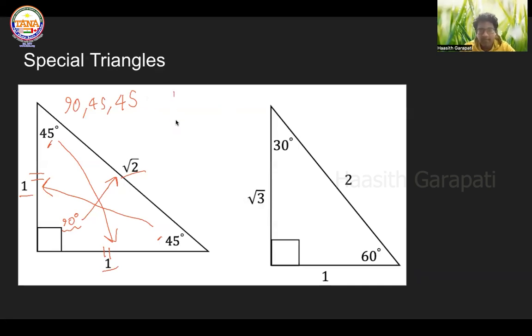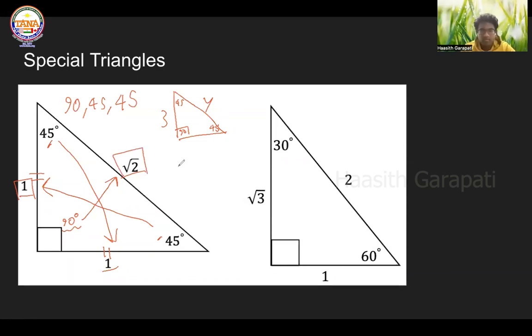If you have a triangle that you know is 90, 45, 45, and you see that the side length of one of the short sides is 3, you can easily find the side length of the hypotenuse, because the short side lengths correspond to a value of 1, while the hypotenuse corresponds to a value of √2.